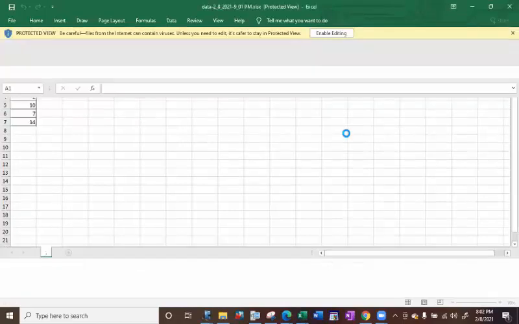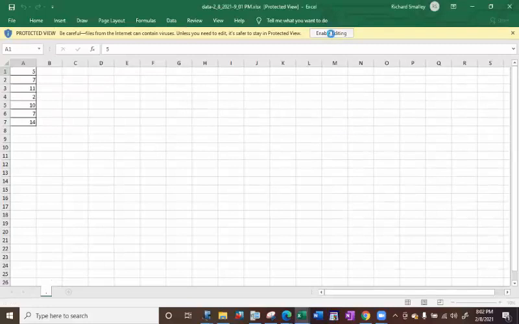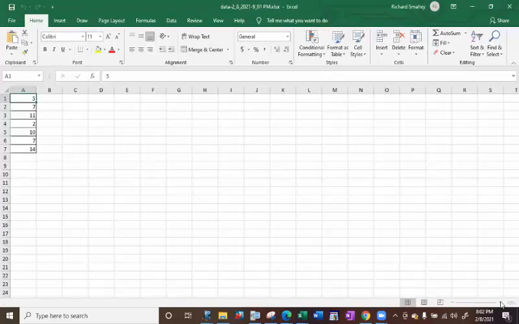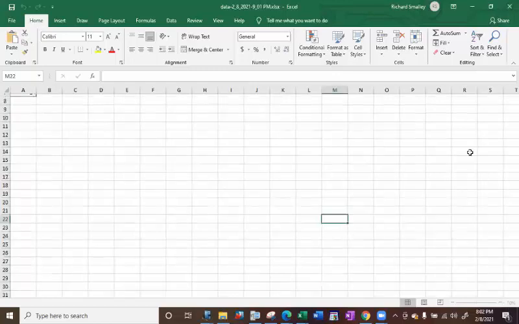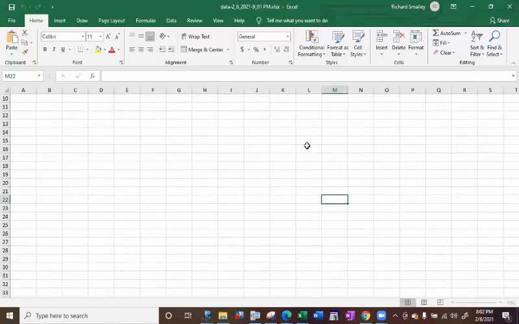Come on, data, get in there. Enable editing. Let's zoom here. Oh, why's my zoom not working? Let me try. No zoom. Oh, well. I'm down there in the bottom right corner and it won't.